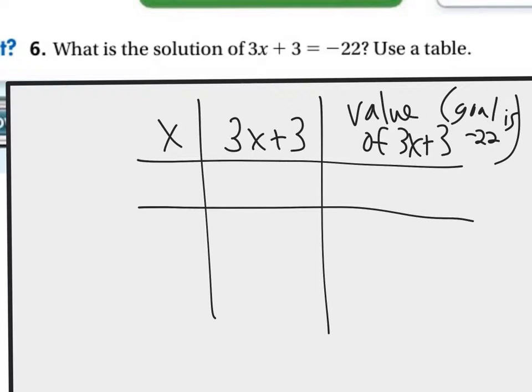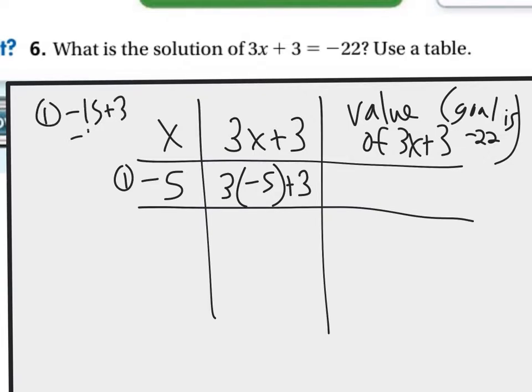So I would start in the negative somewhere. So to start out, let's just try -5, see what happens. So -5, we're going to get -15 plus 3, which is -12. Our goal is -22, so we're off by 10 or -10, we could say.